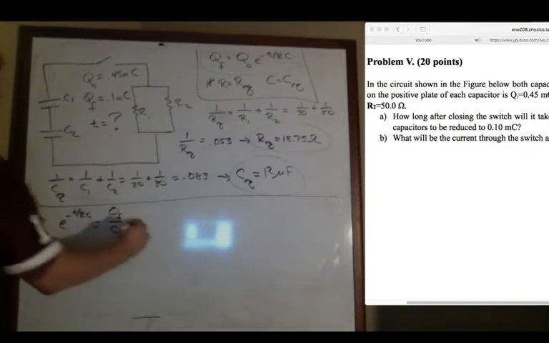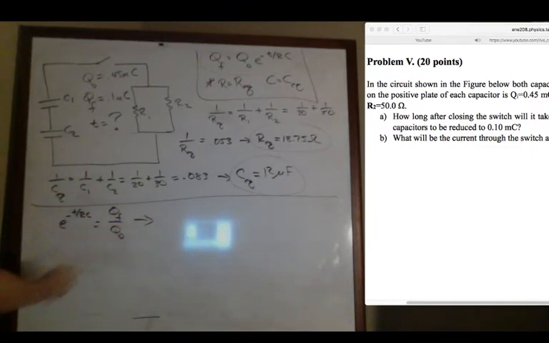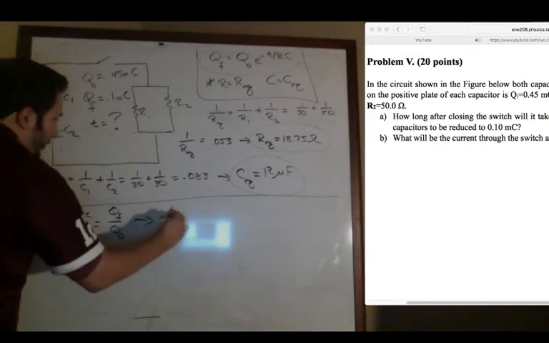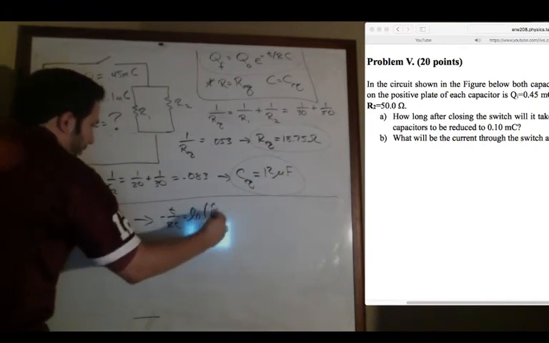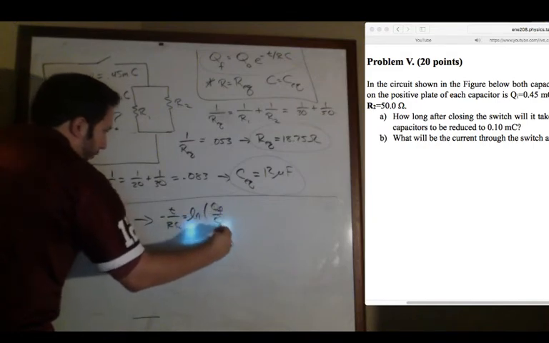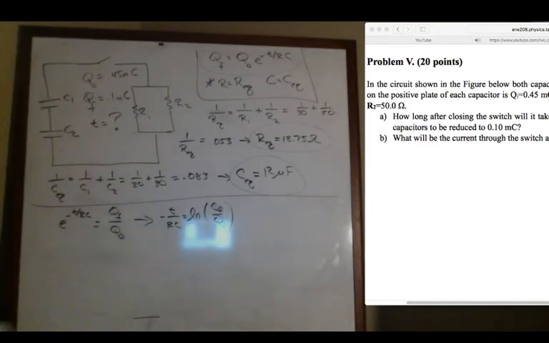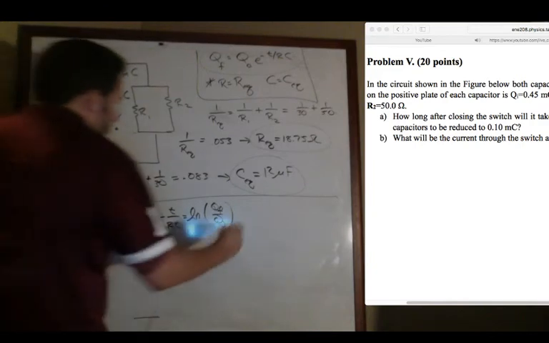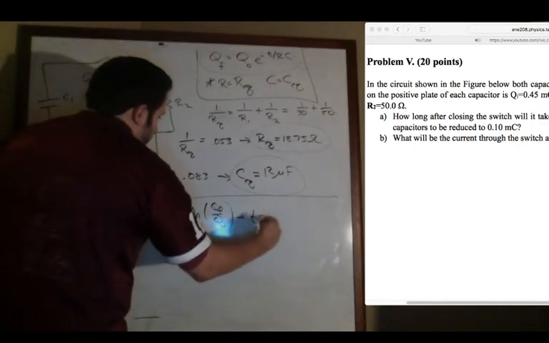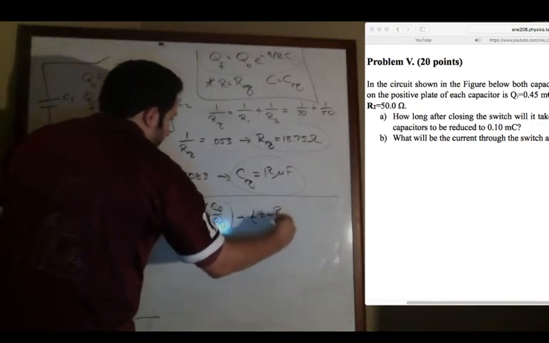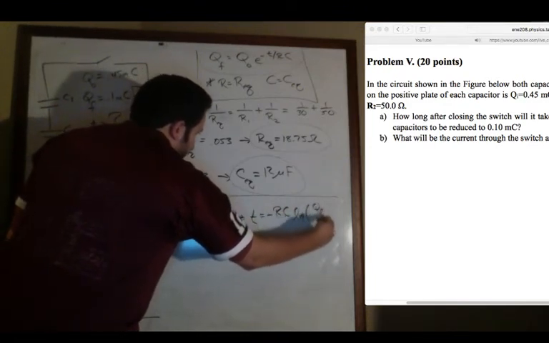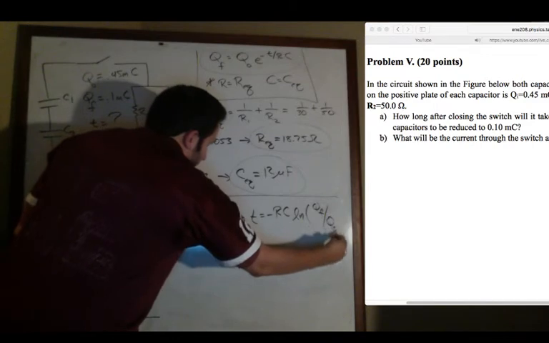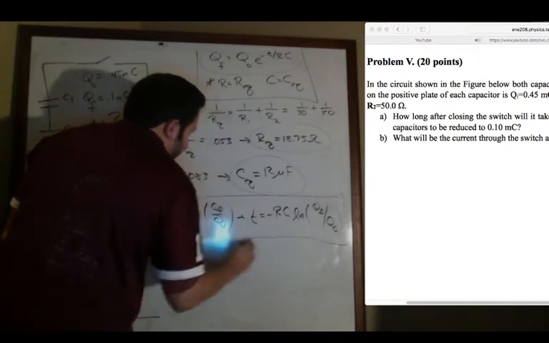At this point, you take the natural log of each side, so that negative t over RC is equal to the natural log of Q_F over Q naught. And finally, multiply that negative RC to the other side, you get that t is equal to negative RC ln of Q_F divided by Q naught.